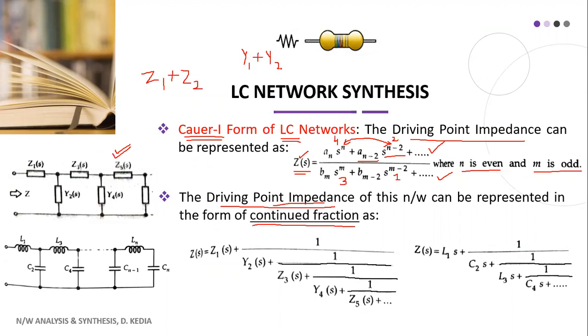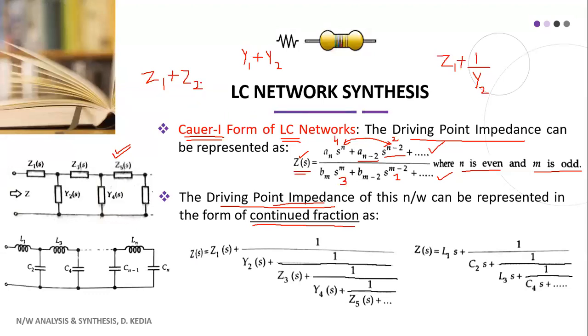And if you remember the procedure that we had discussed in the previous class for Foster forms, there I had told you that first we will segregate the impedance part, and then we will invert the remaining part, and then we will try to solve that.